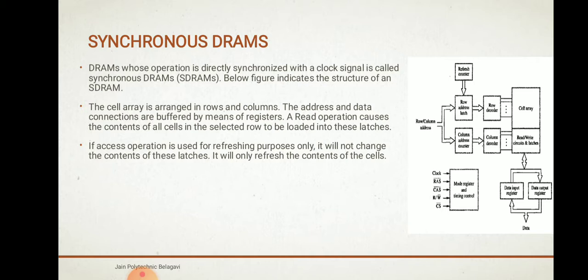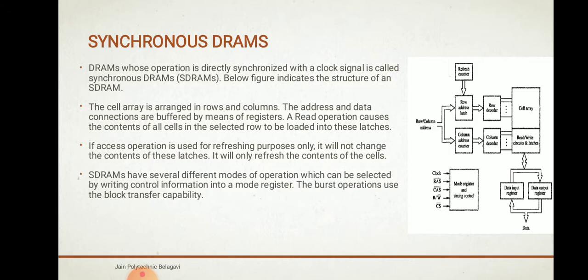It will only refresh the contents of the cells. So suppose you access some content from the cell and it is used only for refreshing purposes, then it will only change the contents of the cells. The contents of the latches remain constant.